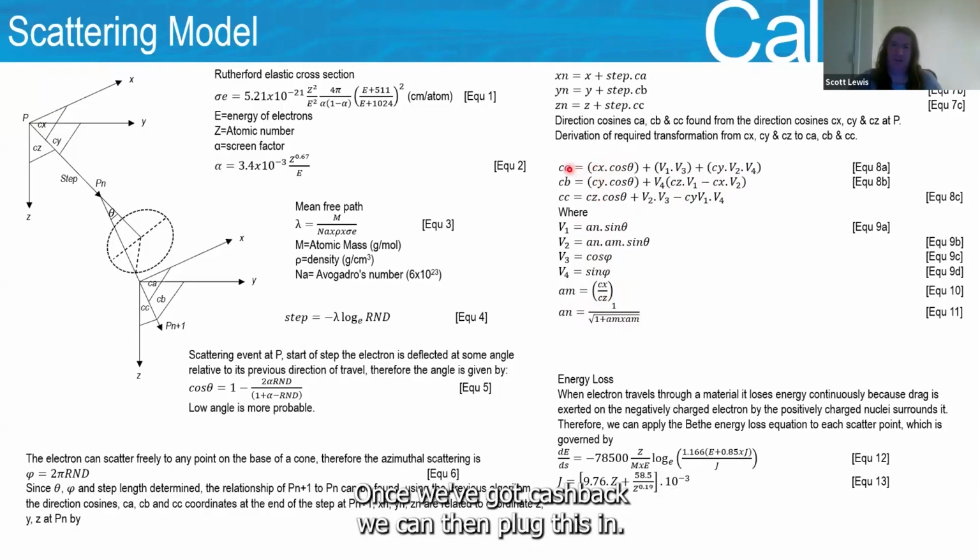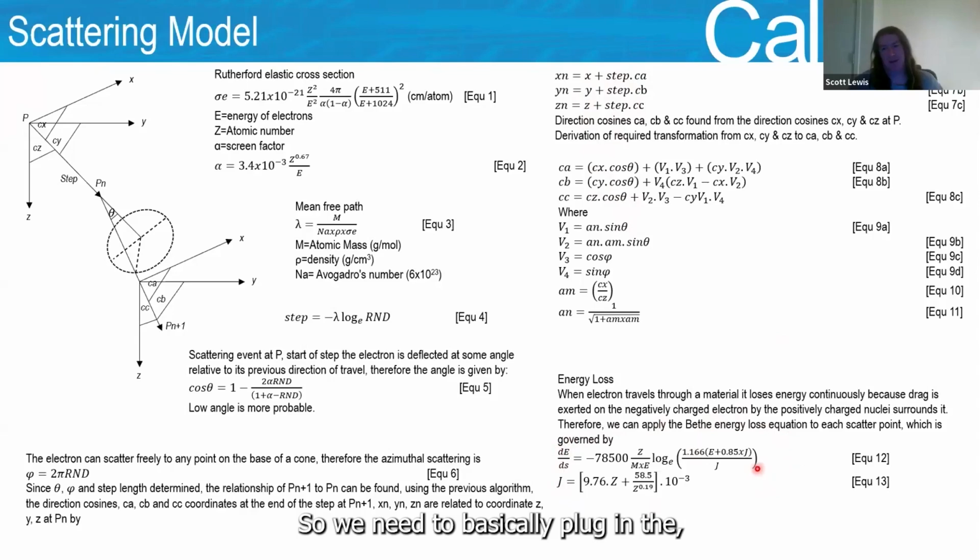Once we've got CA, CB, and CC, we can then plug this in. We've got the step. I'm going to move myself again. We've got the step length, and then we've got the initial coordinate. Once we've got that, we need to understand this.